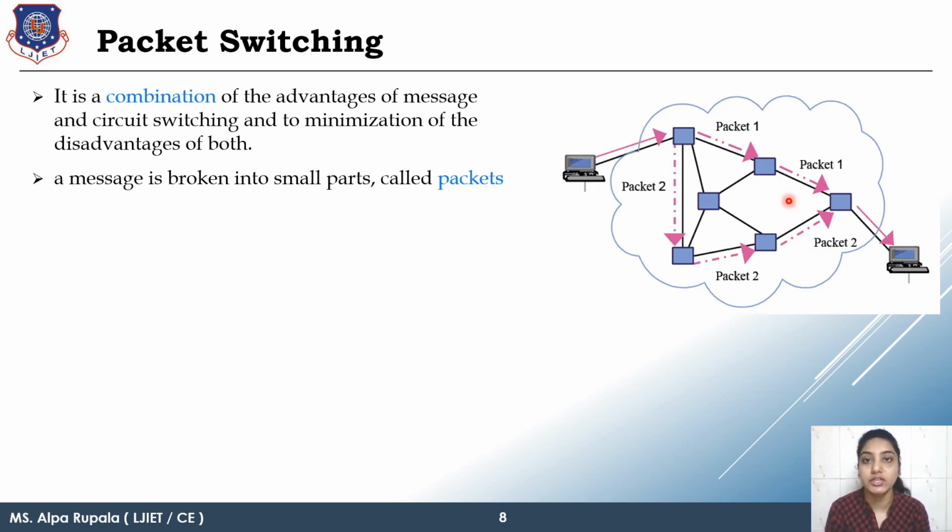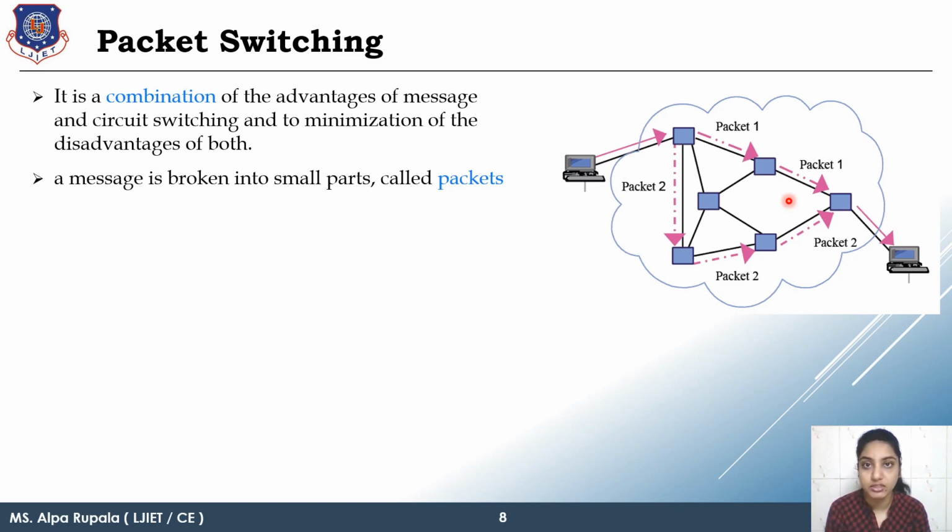We just need to fit the source and destination address into the packets, and a sequence number. So what will be fitted in your packet? The source address, the destination address, and the packet sequence number. These three pieces of information are very important for your packets.